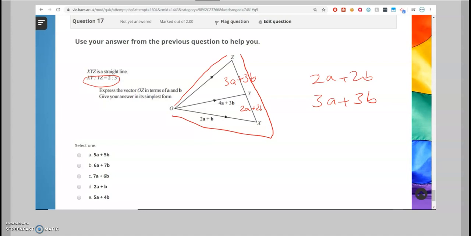So now we can go from O to X, so 2a plus b, plus 2a plus 2b, plus 3a plus 3b.